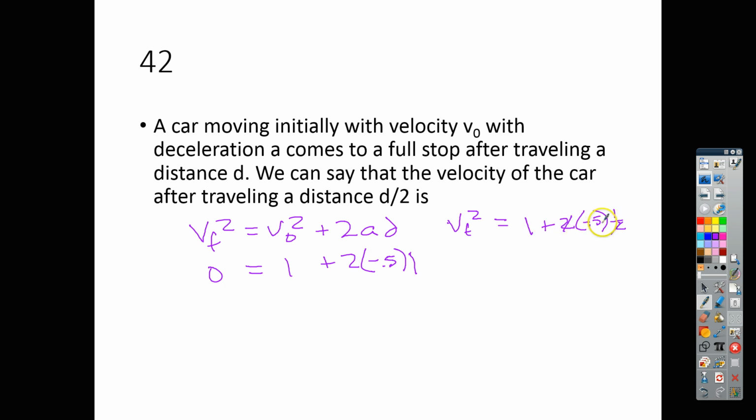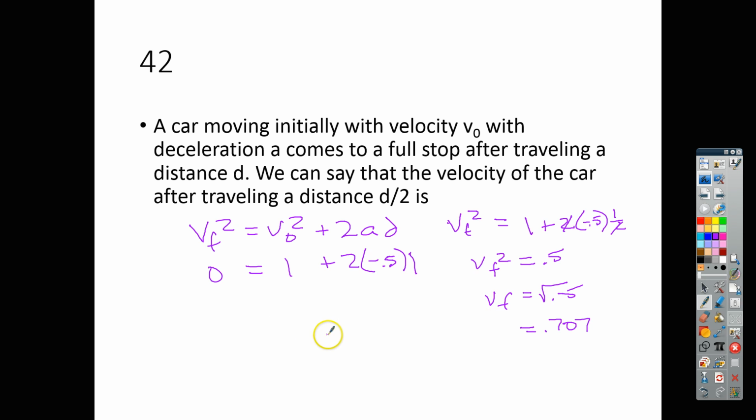So I've got 1 minus 0.5. So Vf squared is equal to 0.5. So I find out what that is, that would be the square root of 0.5. And so now you have to get out your handy dandy calculator, find the square root of 0.5, and you actually end up with 0.707.